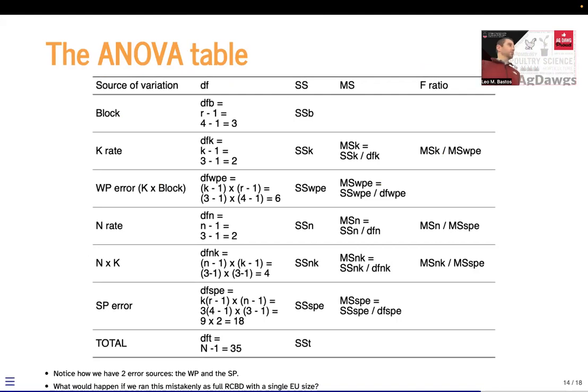So just to reiterate this point again, if you knew that you needed a split plot, you designed the study as a split plot, you implemented it as a split plot, you collected your data, and then you come in R and you specify the wrong model. Let's say you specify an RCBD model, you are going to be running the wrong model, right?